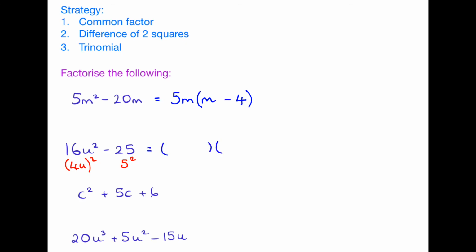Remember, difference of two squares requires two brackets. The thing that's squared to give you the first term goes in the front of both brackets, so that's 4u and 4u. The thing that's squared to give you the last term goes in the back of the brackets, so that's going to be 5 and 5. And then you need one plus and one minus. Okay, that's that one done.